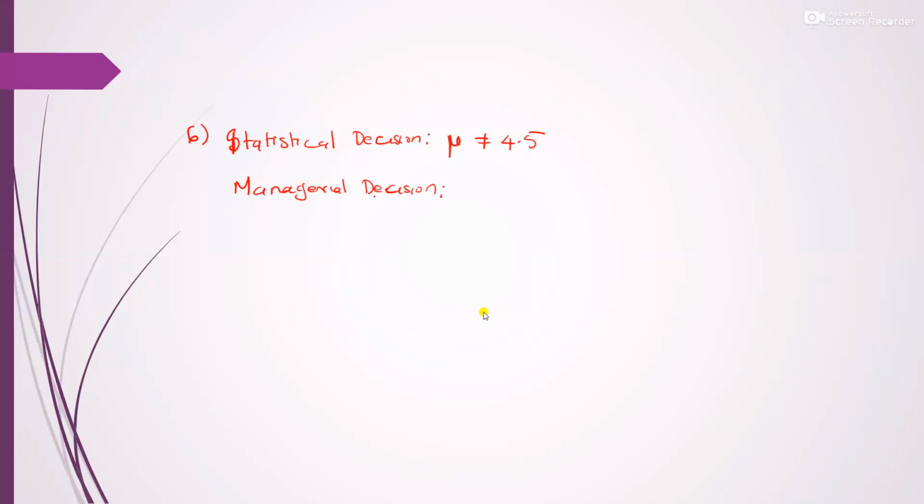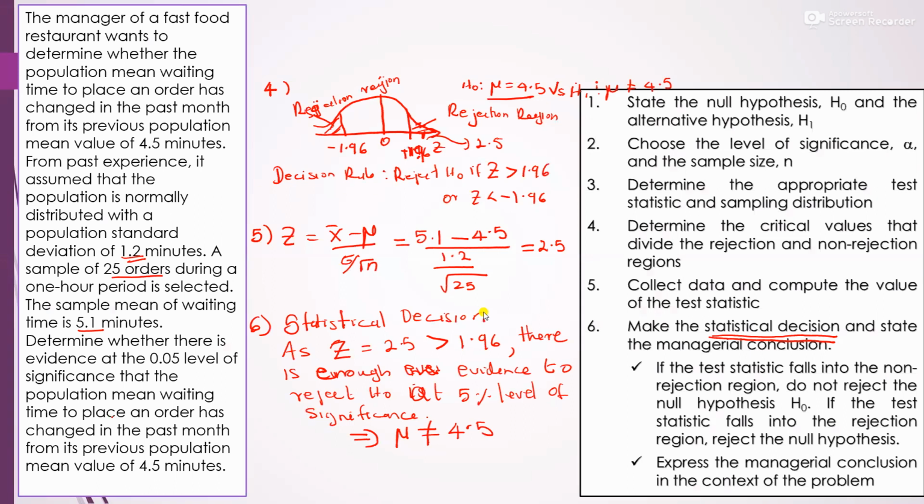According to the problem, determine whether there is evidence at the 0.05 level of significance that the population mean waiting time to place an order has changed in the past month from its previous population mean. So now it is not 4.5, so it has changed. Now the time is changed, right?